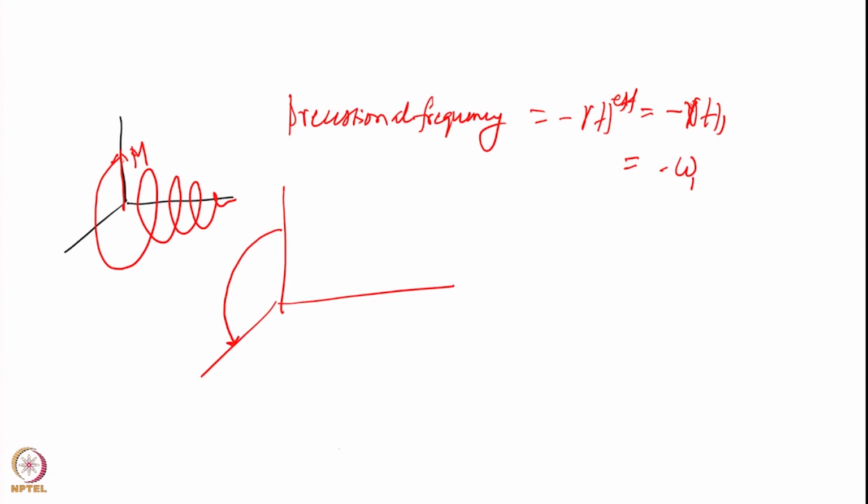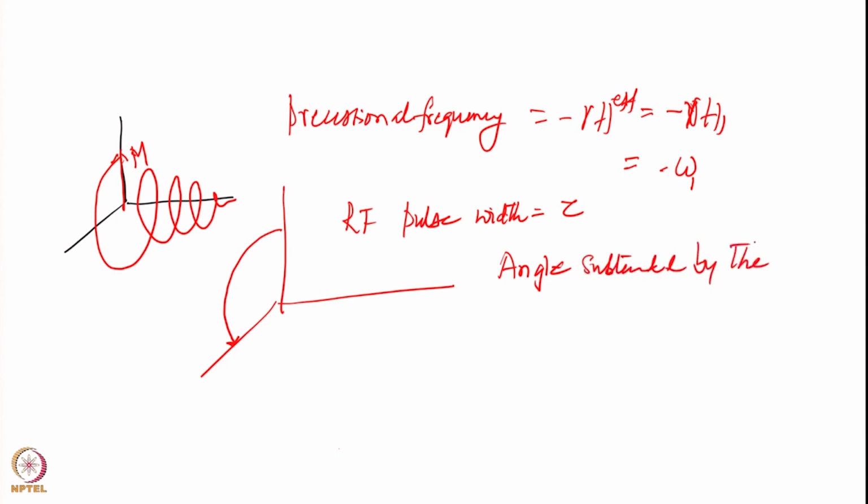So if the RF pulse is applied with pulse width equal to tau, the angle subtended by the magnetization M will be minus gamma H1 tau, okay. Let me call this theta.